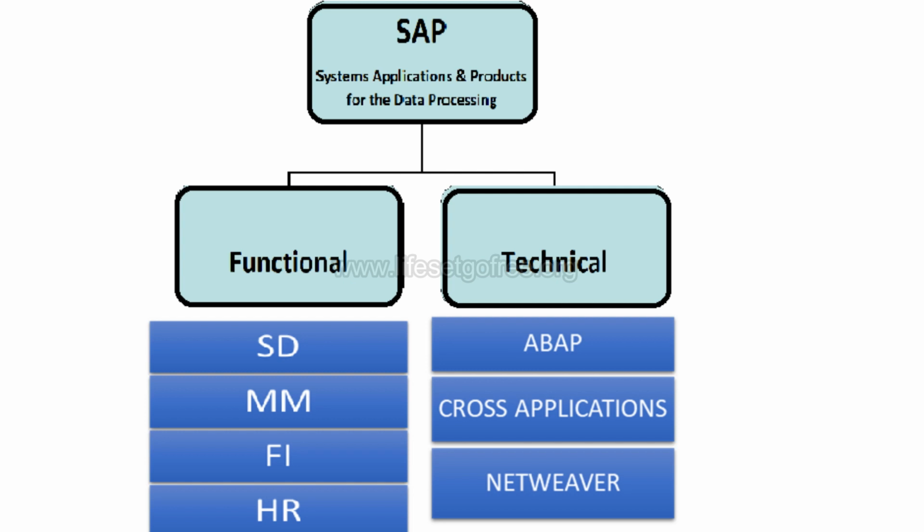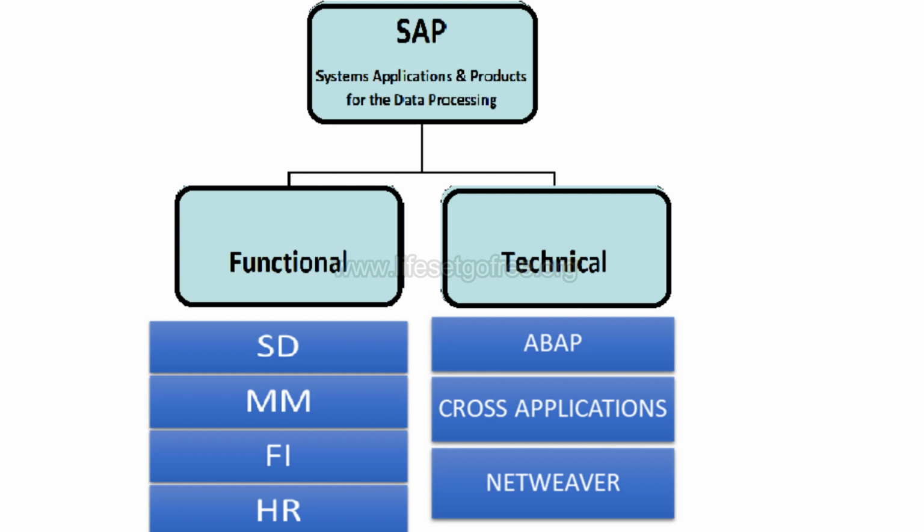SAP AG is a company started by ex-employees of IBM in the year 1972. Let us not go into further details of all these things. This AG means it is like a private limited company in Germany.